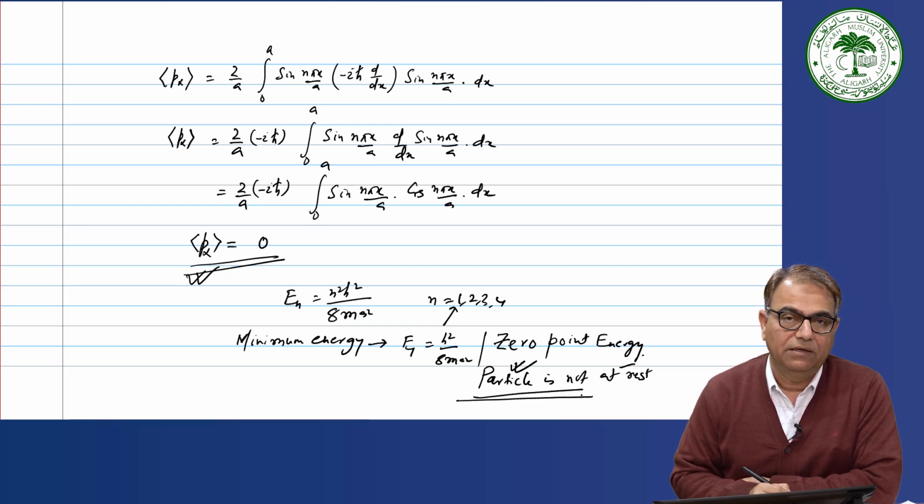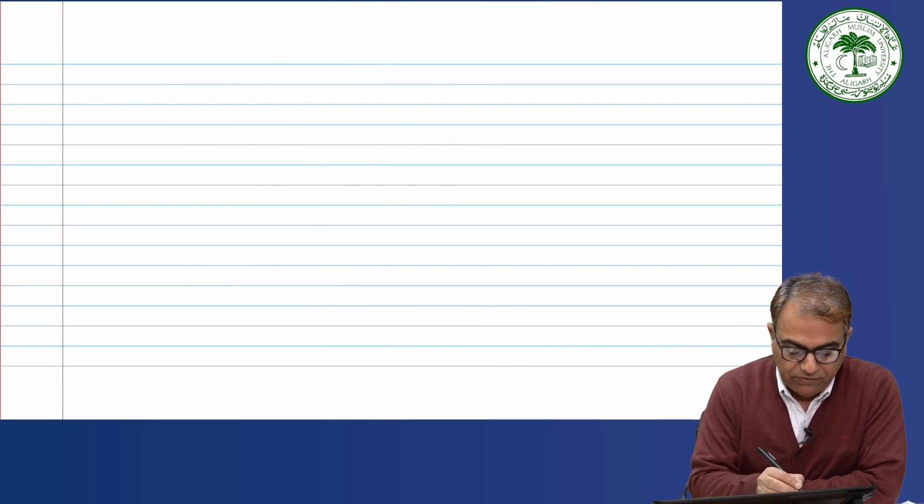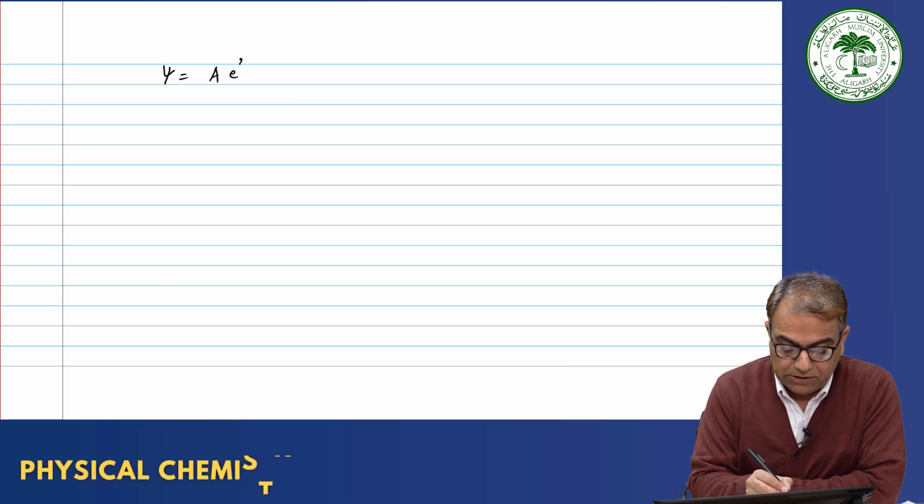The answer to the question I asked earlier: if you look at the previous lecture, you will find that one of the solutions was a exponential ikx, and another was b exponential minus ikx.